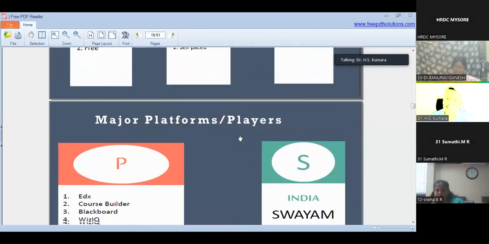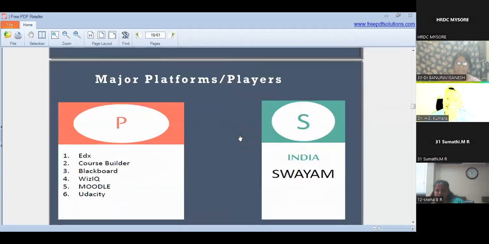As for India, the World Bank and the Asian Development Bank are global banks that fund third world countries for infrastructure development, poverty and so on. Now the World Bank and the Asian Development Bank have started the World Bank Institute and the Asian Development Bank Institute. Under these institutes they are offering many ODL models, online delivery and learning. Taking the concept of online and distance learning, they have started many courses made available under the World Bank platform.